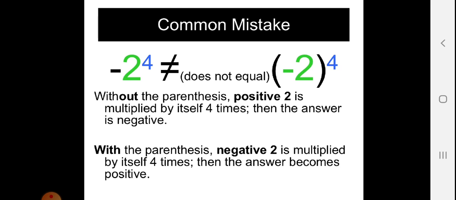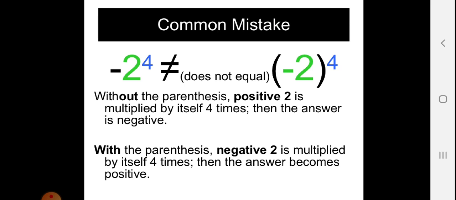One more common mistake is that minus 2 raised to 4 does not equal this. Because when you have a bracket, that means the negative number is used 4 times. You always have to mention this bracket there. So when a negative number especially is in the bracket, that means the negative number is multiplied with its own negative number 4 times.